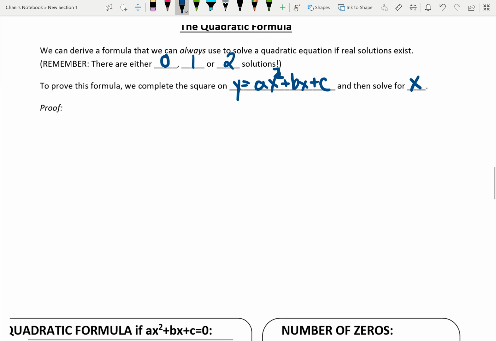Okay, so first of all, this is our general standard form. And in the maxima and minima note, we actually completed the square on this and showed that to put it into vertex form, this is what it looks like.